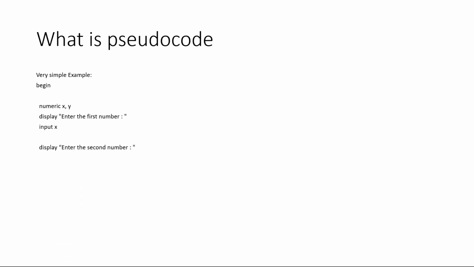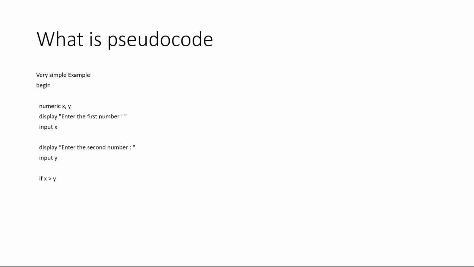Now we will write display "enter the second number", and we will receive another number by writing input y, which, if the user writes any number, we will have it stored in our y variable. So now our y variable will have a value received from the user.